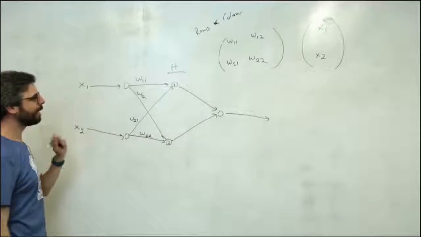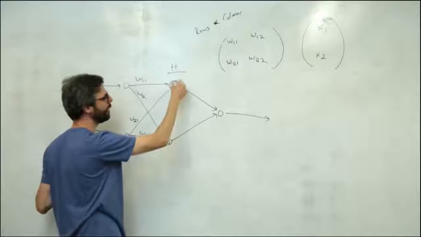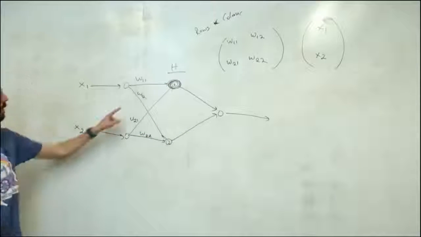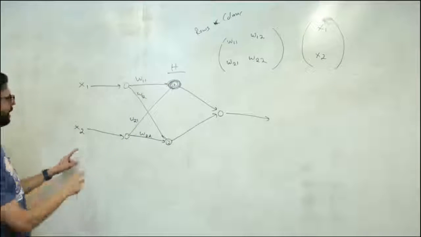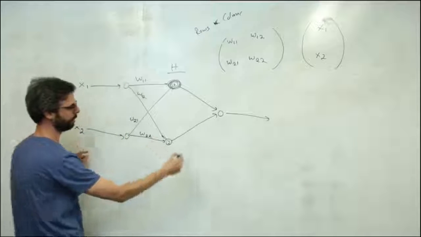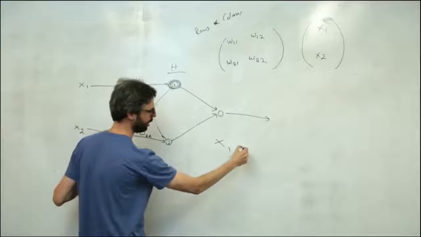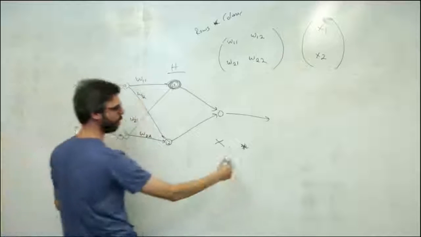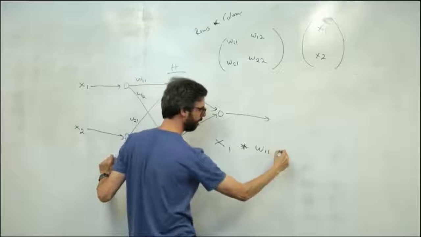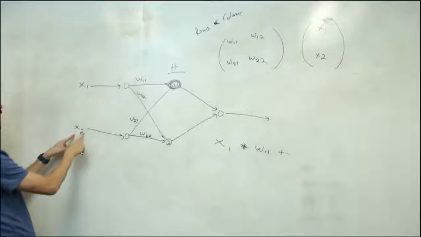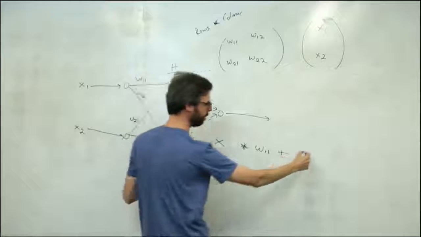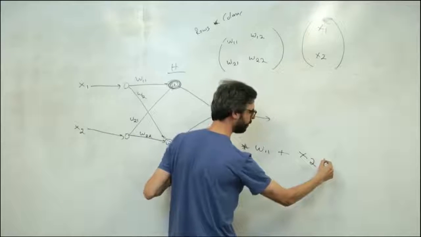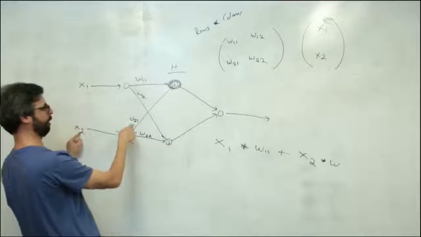Okay, so let me just show you something. Remember this? We need a weighted sum here. This weighted sum is x1 times weight 1,1 plus x2 times weight 2,1.